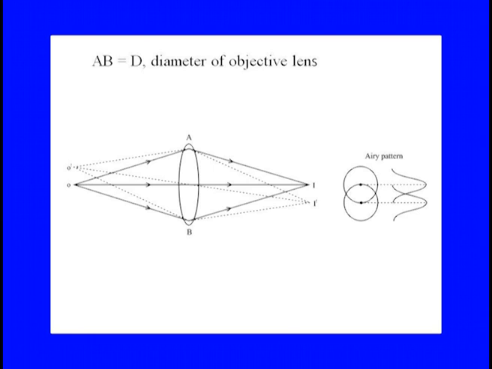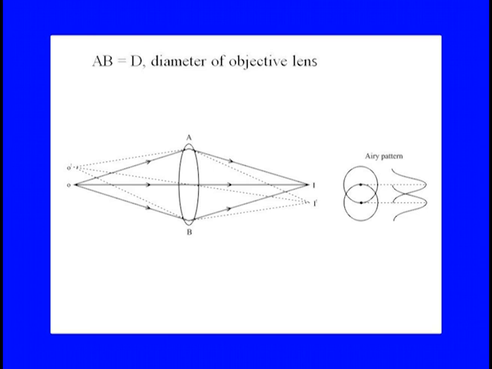The objective of the microscope is a simple convex lens as shown in this figure, and the waves of light, assumed to be of the same wavelength lambda, starting from self luminous point objects O and O prime are diffracted by the circular periphery of the lens.